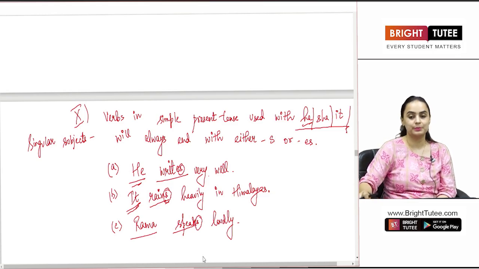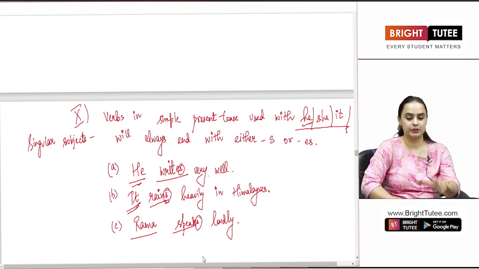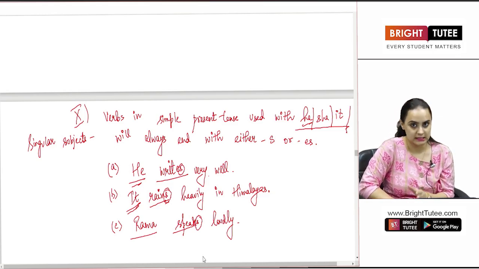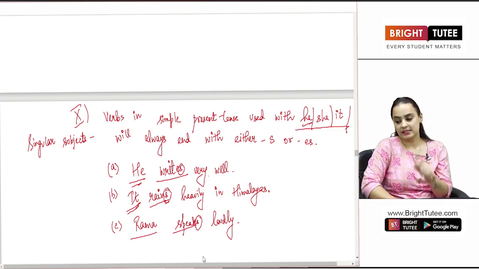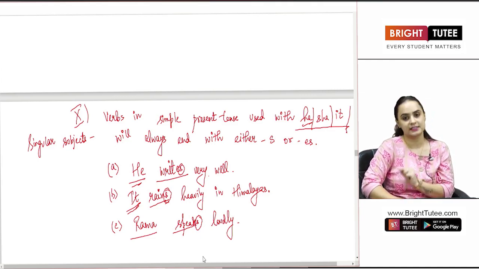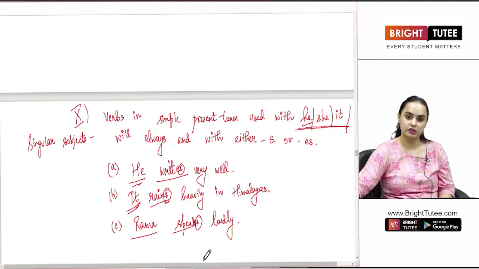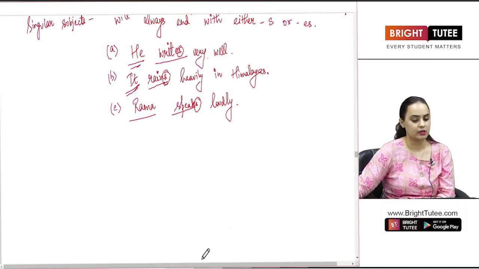So, Rama speaks loudly. So, those verbs which are written in the simple present tense will always have either an s or an es at the end if the subject is he, she or it in the pronouns or any other singular subject.